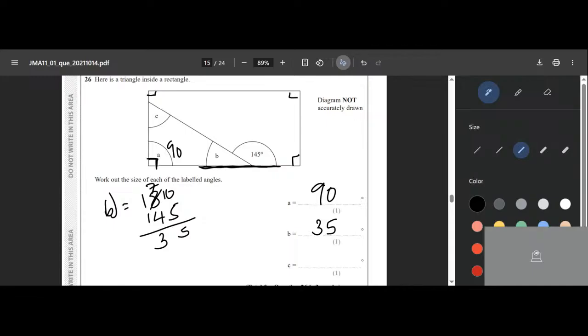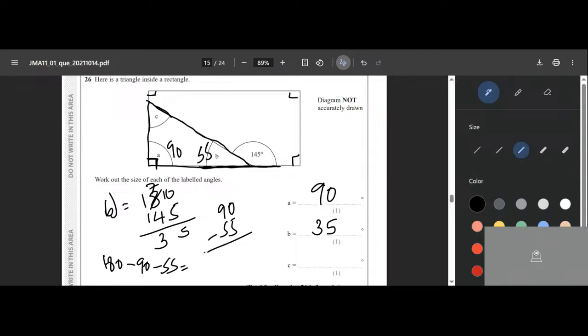Then we go to C. Because C is inside a triangle, I think you can see this triangle here. Angles inside a triangle always add up to 180, or the two sides inside a right angle triangle should add up to 90. So we can say 90 minus 55, or another person will say 180 minus 90 minus 55.